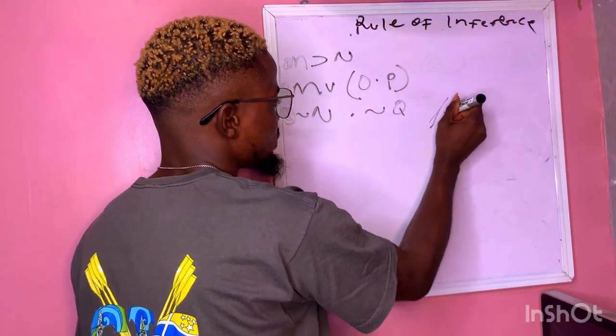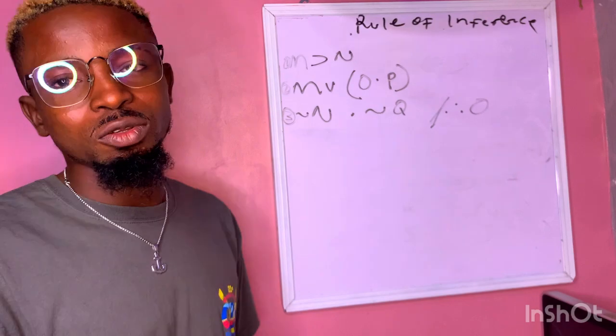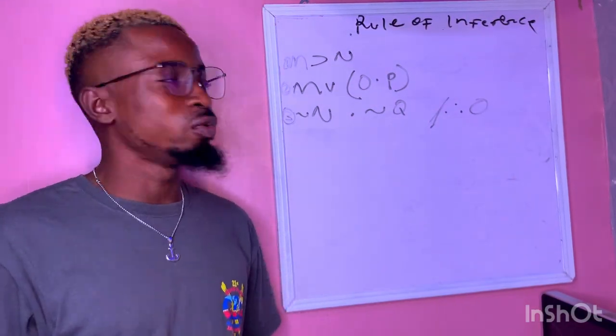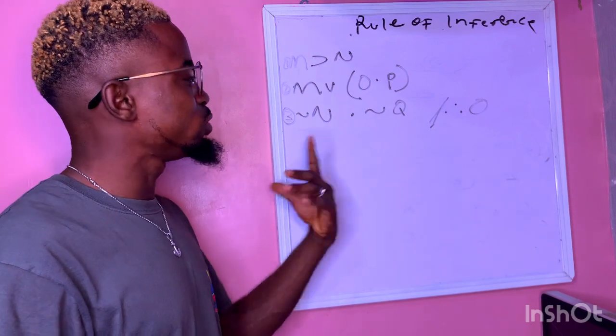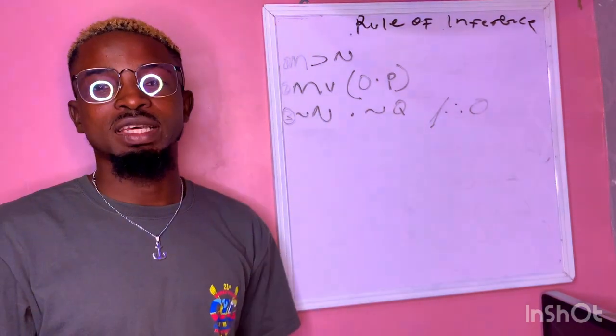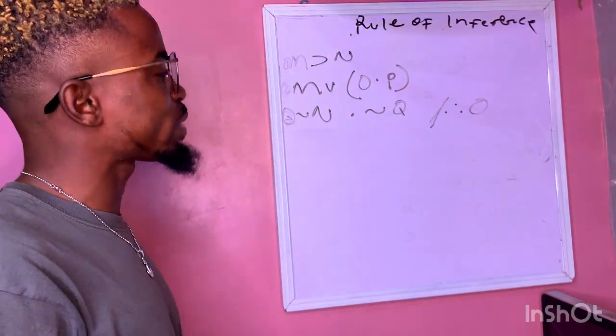The conclusion is supposed to be by the side, which is O. So you want to be applying those rules of inference, addition, constructive dilemma, or whatever rules that we just talked about, until you get to this conclusion. Once you get to this O, you will stop. You've answered the question. After symbolizing, you want to start applying the rules.